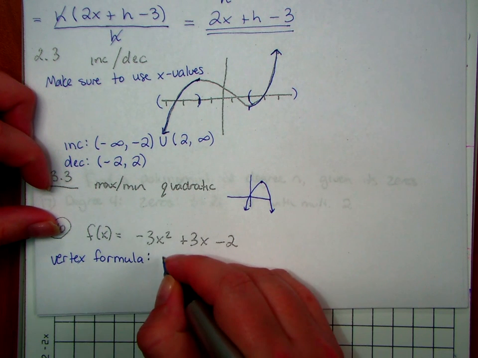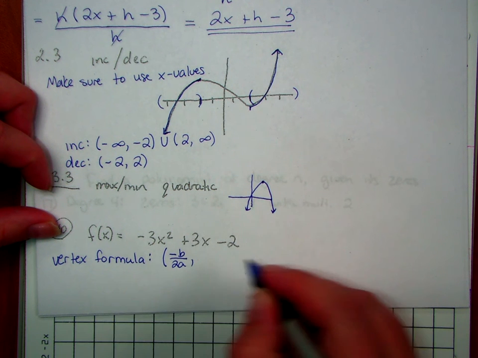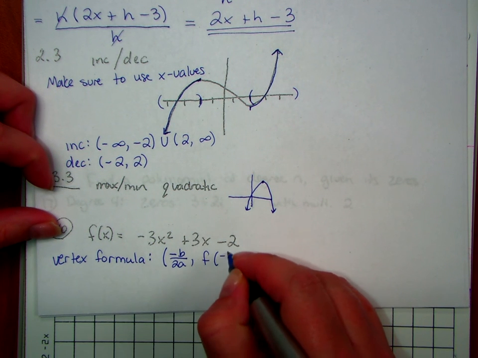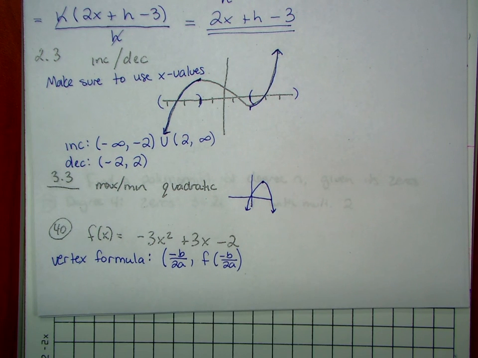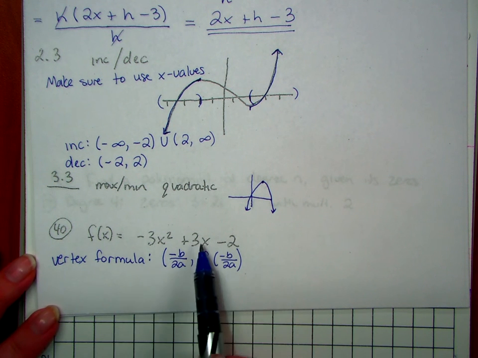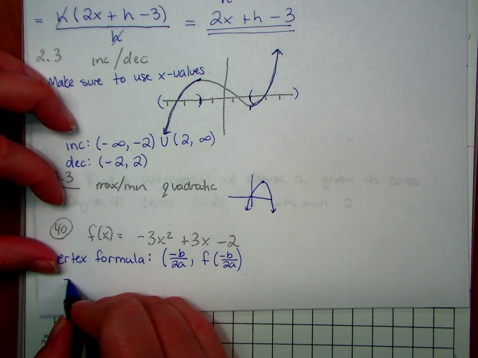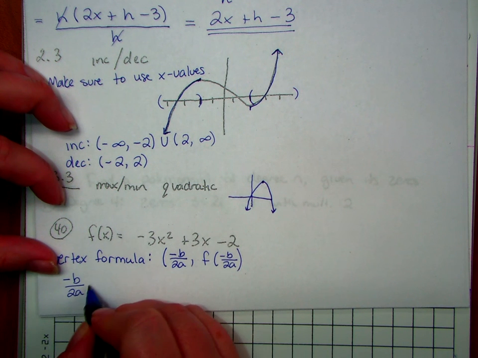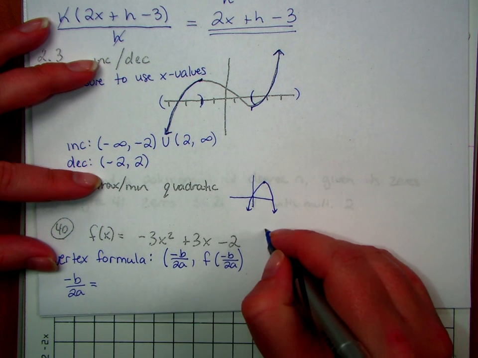And that vertex formula is negative b over 2a, comma, f of negative b over 2a, right? Where the a and the b come from the coefficients here, right? So first, negative b over 2a, let's go ahead and write it down here.